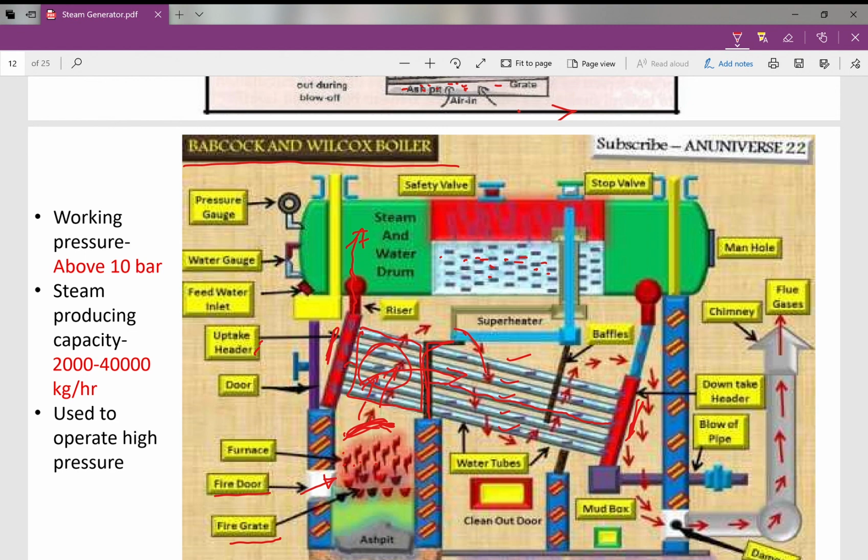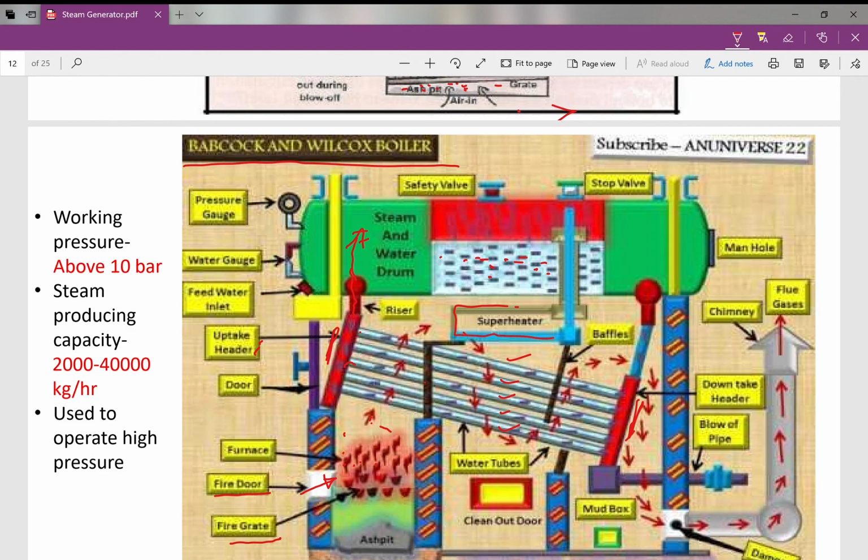So for proper utilization in this portion, baffle plates, this black one baffle plate, is given. Right. So then after reflecting it goes to this portion, and you will observe in this portion there is a device called the superheater.